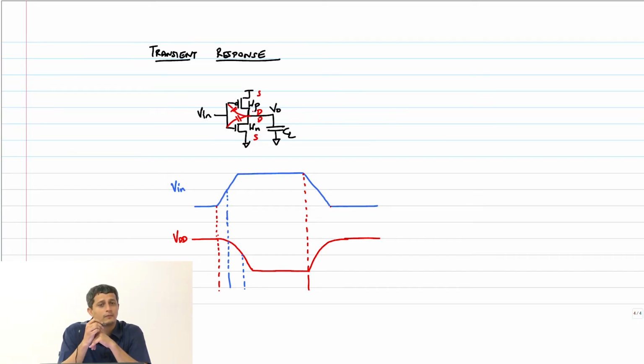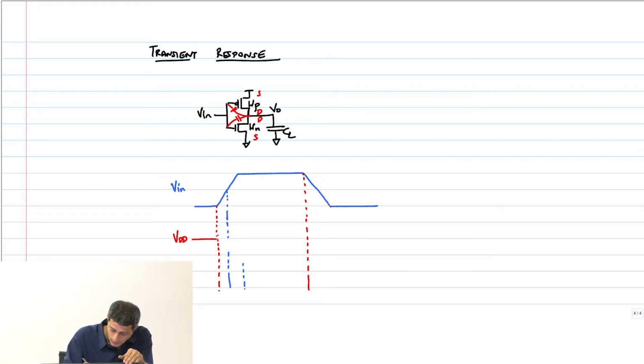Therefore this cannot happen like that. As soon as this input rises, the voltage will not change instantaneously across that CGD capacitor. Therefore this will go up slightly and then drop all the way down. Similarly, when this input falls instantaneously, this would go below ground and then come up.